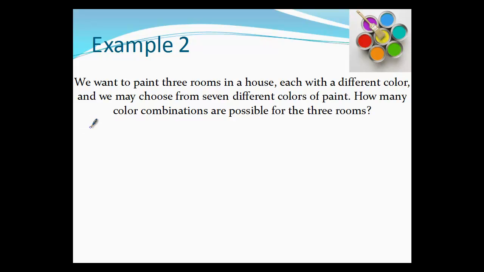As we can recall, our general formula was n factorial all over n minus r factorial and r factorial. In this case, the 3 rooms would be the r, and the 7 different colors of paint would be n, because we are only painting 3 different rooms.